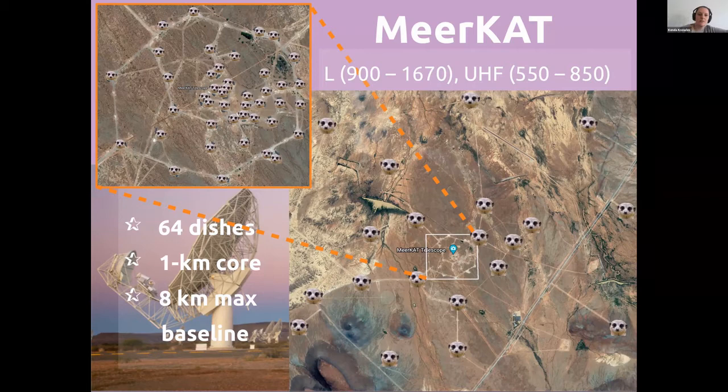So these small spacings give you very, very good sensitivity because you have so many of them, they give you good sensitivity to large scale structures on the sky. With MeerKAT, that's up to about 10 arc minutes, after which you start resolving out emission. But at the same time, what's important for a lot of the galaxy studies is that you need to be able to see some fine scale structure.